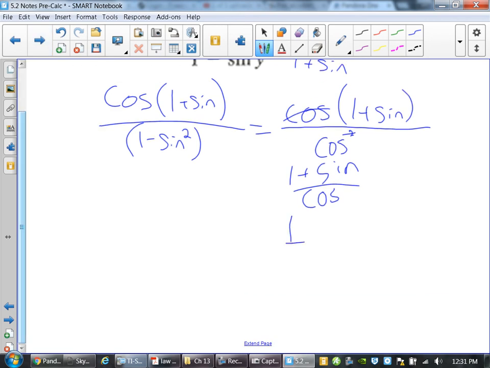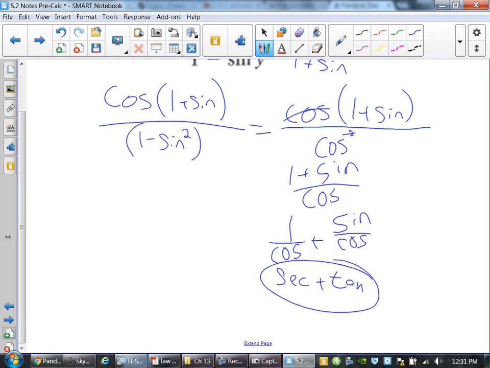So you have 1 over cosine. And what's 1 over cosine? Secant. So you get secant plus tangent. It's like a puzzle.